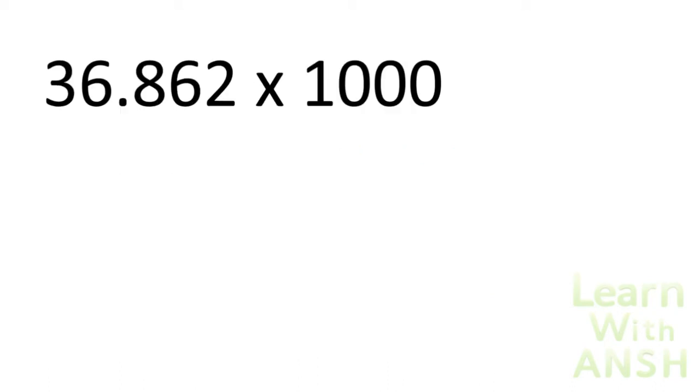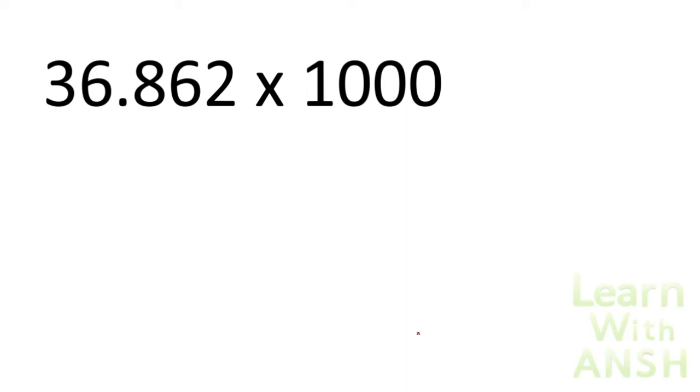So here's another problem: 36.862 times 1000. Our mnemonic says that when we do multiplication, our decimal point will shift to the right, and how many places depends on the number of zeros the power of 10 has. Here the power of 10 has 3 zeros, so the decimal point will shift 3 places to the right.